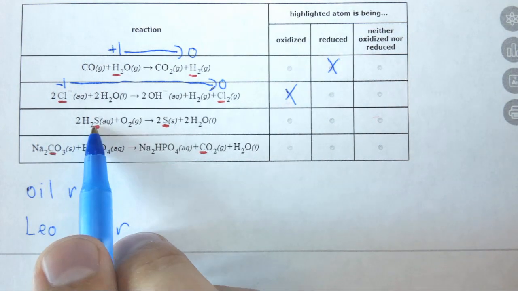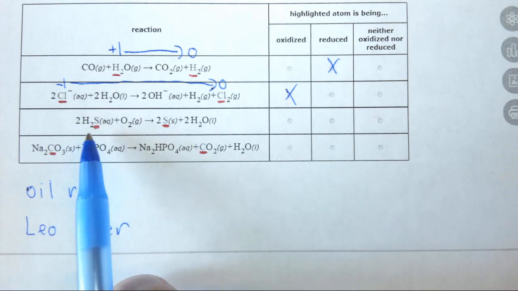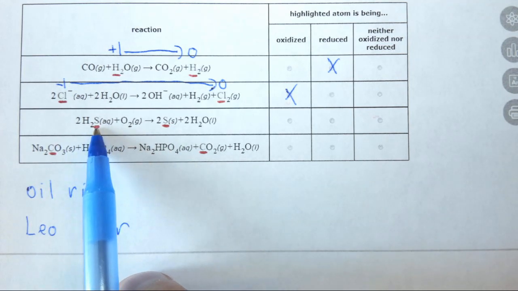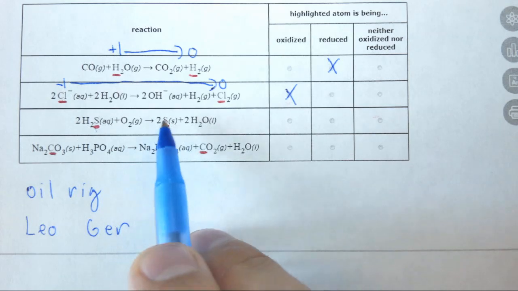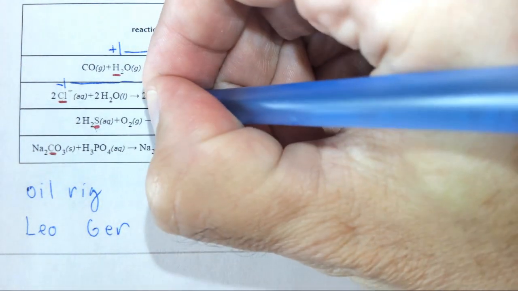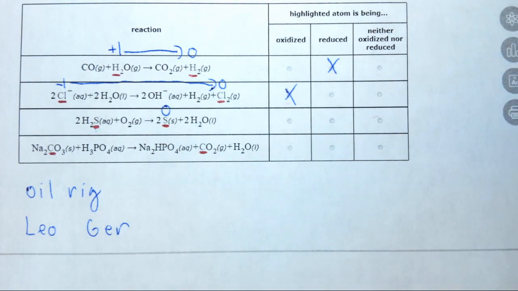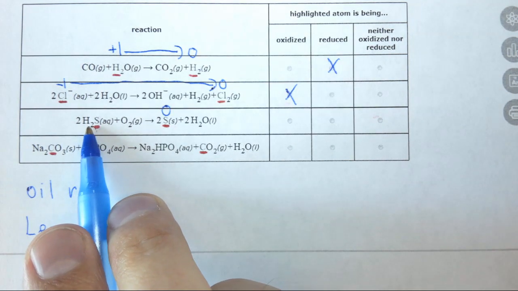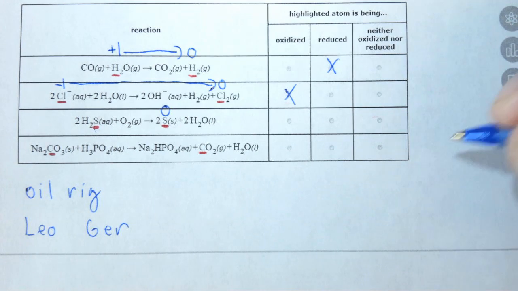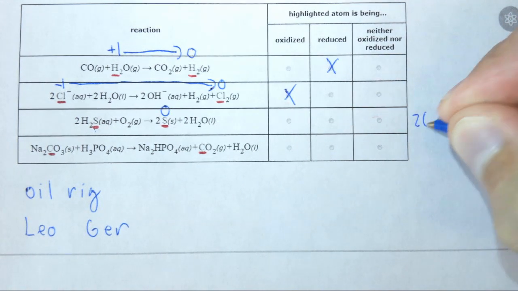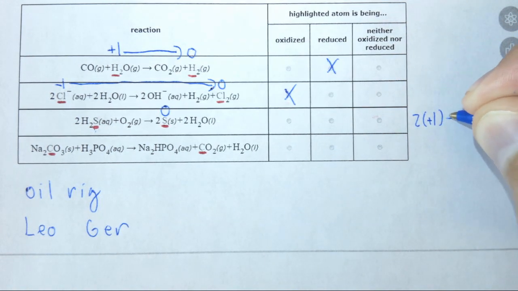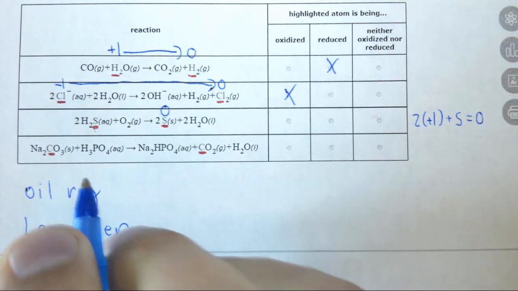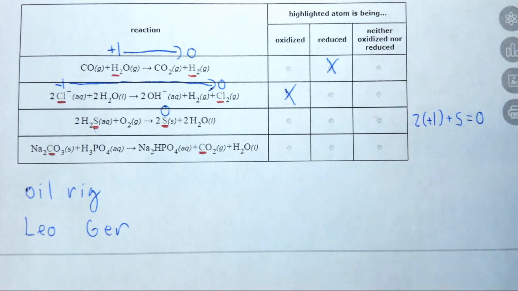In this case, we have sulfur, and we don't really know the oxidation state of sulfur here, but we do know that on this side it's 0 because it's elemental, it's by itself, it's not with any other compound. So we need to figure out the oxidation state of sulfur over here. Well, we know that hydrogen is +1, so 2 times +1 plus sulfur equals 0, because this is an overall 0 charge.